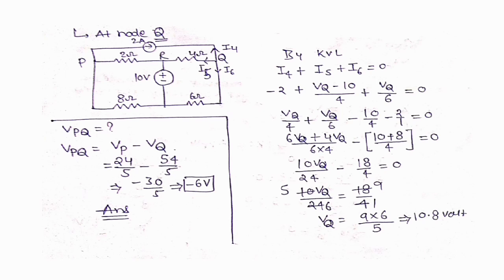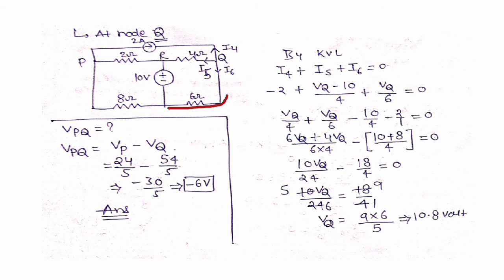Second one is I5, this branch current: VQ minus 10 divided by 4. Third one is I6.